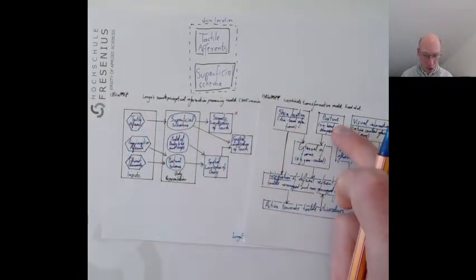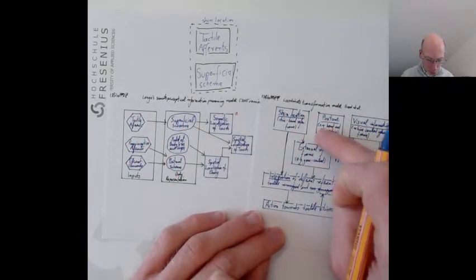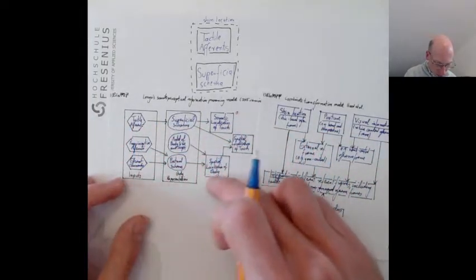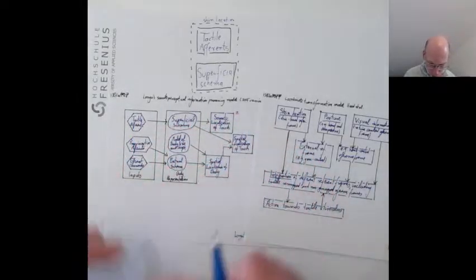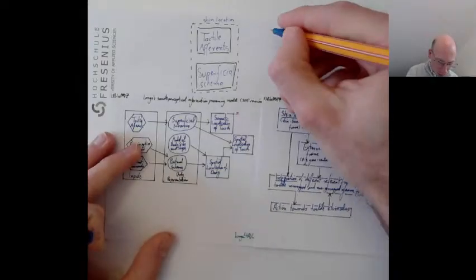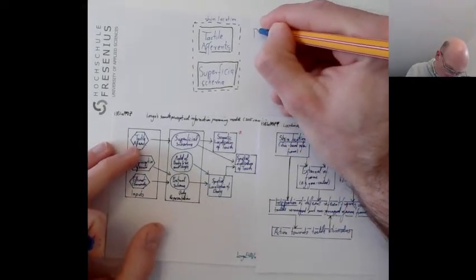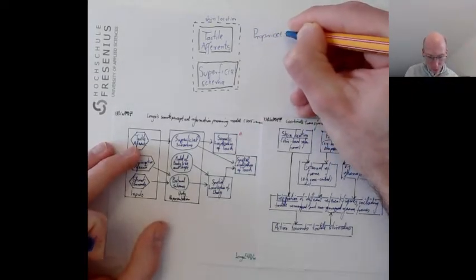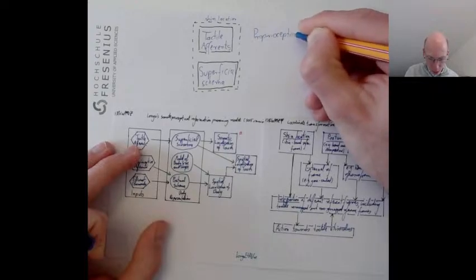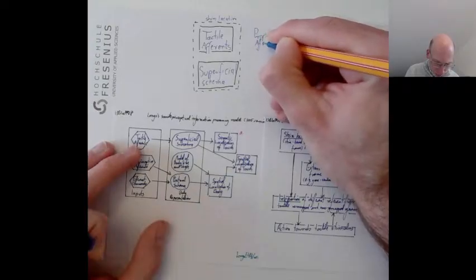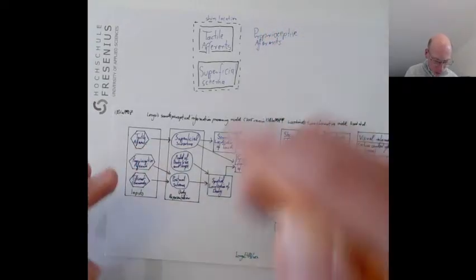And as I noted before, the posture one seems to essentially encompass all of that thing here. Good. So let me draw that as well. What do we need? We start with the proprioceptive afferents. Great.